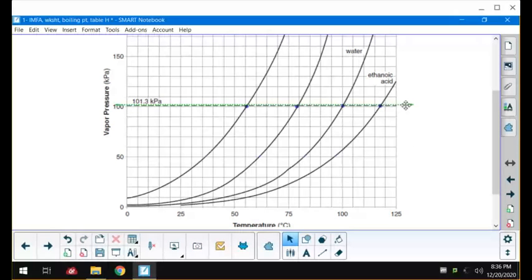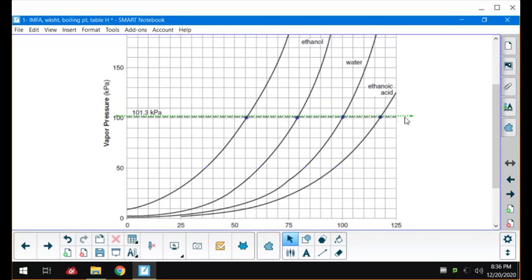If you increase the atmospheric pressure, like we do in pressure cookers, like an Instant Pot, to like 150 kilopascals, which is essentially 50% more, and I think that's what an Instant Pot does, then instead of water boiling at 100 degrees Celsius, water is now going to boil at about 112 degrees Celsius.